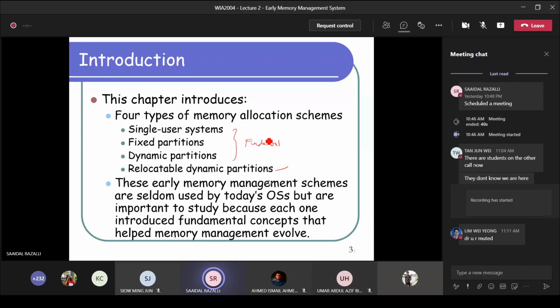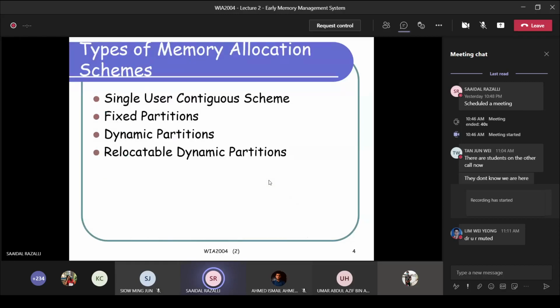You cannot understand the advanced before you understand the fundamentals. You must know how this early memory management system in the OS functions, so that you can learn how the advanced memory management works in newer OS.